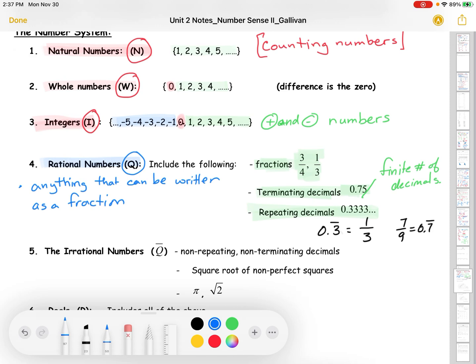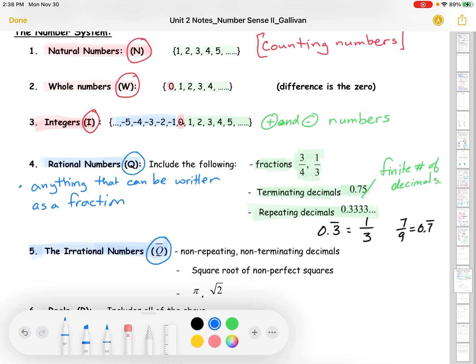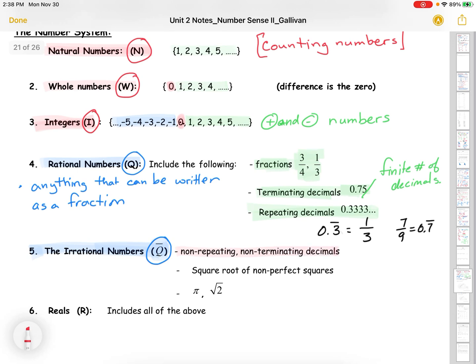However, there are some numbers that are irrational. Irrational numbers look like rational numbers. They're a Q, but it has a line over the top. So these include non-repeating, non-terminating decimals, okay?